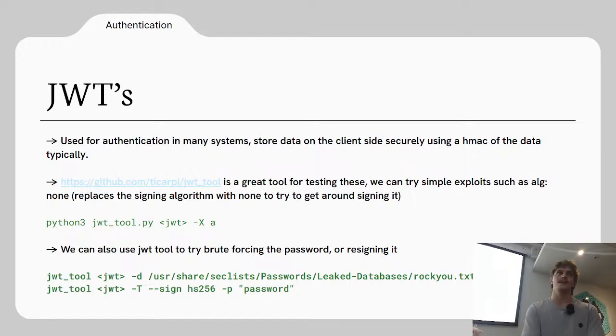All this does is try to change the algorithm a JWT uses to sign to be no algorithm at all. And if you can get away with that, you don't have to have a signed JWT. A command like this, using the awesome JWT tool, will allow you to mess around with a JWT to try and bypass all of the security on it.